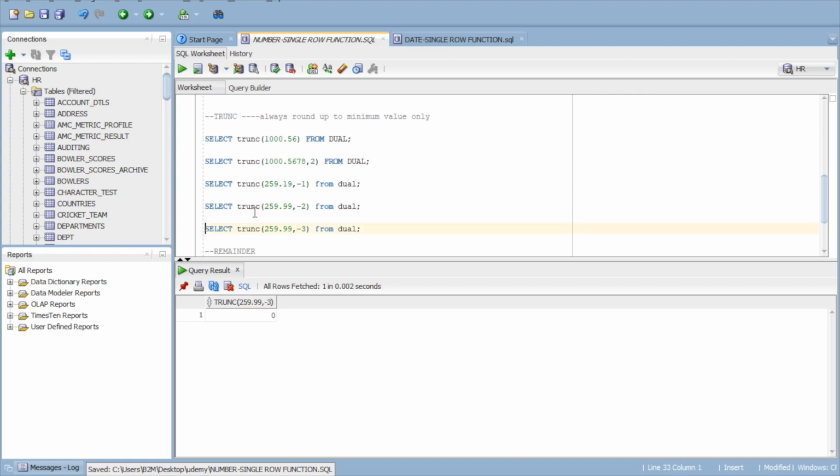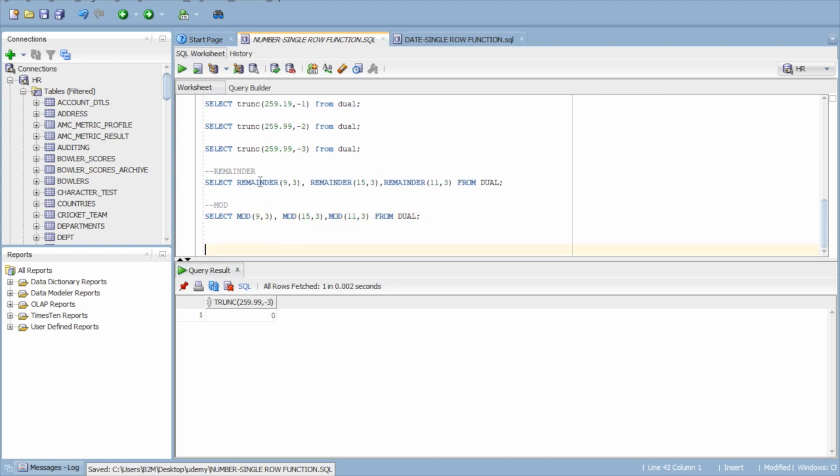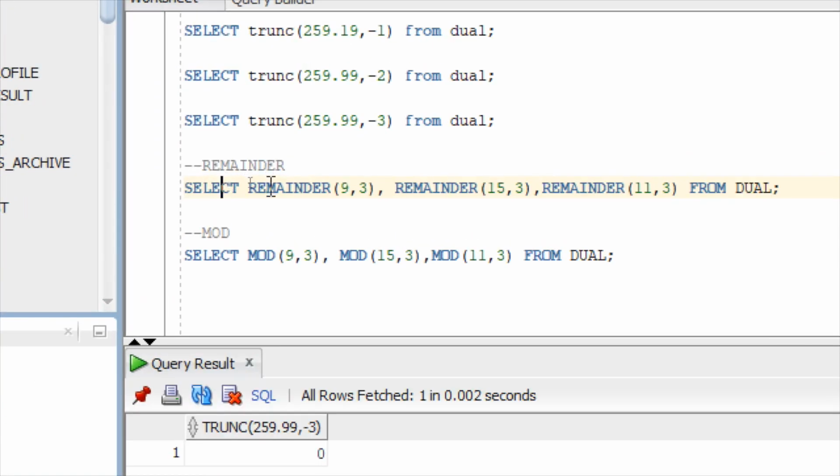Okay. The next function is the remainder function. The remainder function is the same as what we studied in mathematics. When we divide 9 by 3, you get the remainder as 0, right? Next, when we divide 15 by 3, you get the remainder as 0 only. But see here, when you divide the number 11 by 3, you may expect 3 3s are 9, then the remainder is 2.